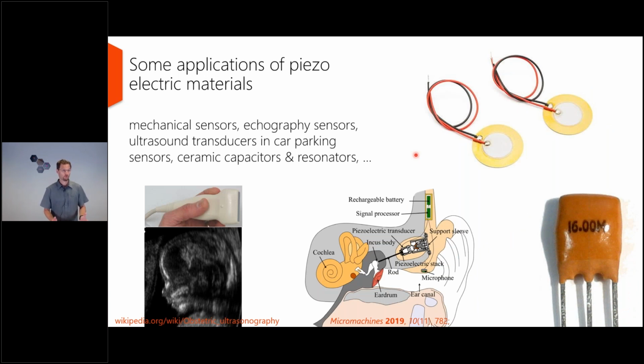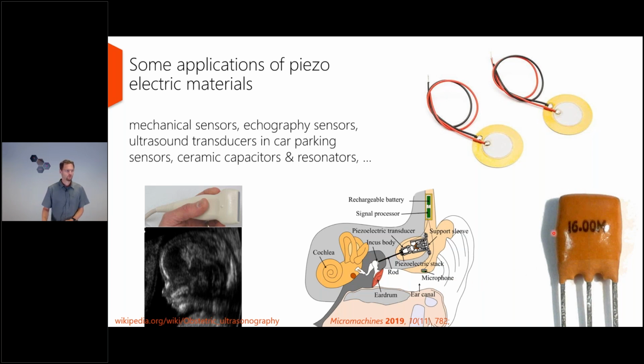Where are piezoelectric materials used? There are sensors that really let you push on it, and the mechanical stress is giving you a voltage. But they are also in ultrasonographs, where you have a transducer to look inside the belly of a woman at the unborn child. Hearing aids, where you have a piezoelectric transducer getting the sound waves transferred into a mechanical movement that can then be transferred to the ear.